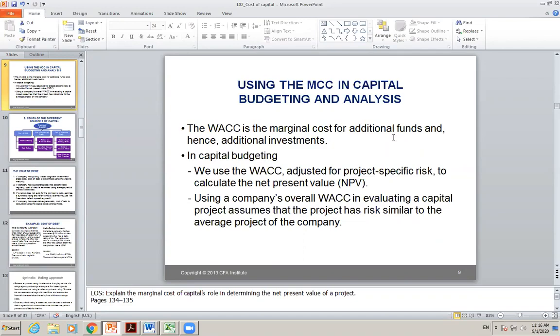In capital budgeting, we use the weighted average cost of capital adjusted for project-specific risk to calculate the net present value. Using the company's overall weighted average cost of capital in evaluating a capital project assumes the project has similar risk to the average project of the company.